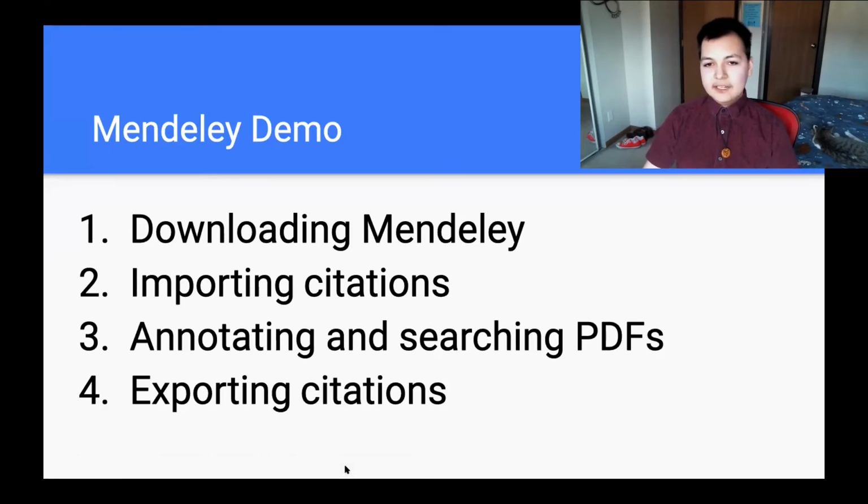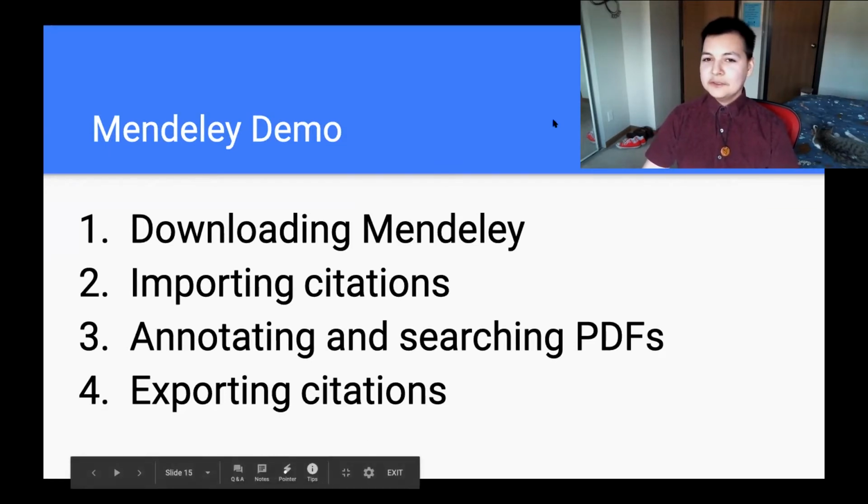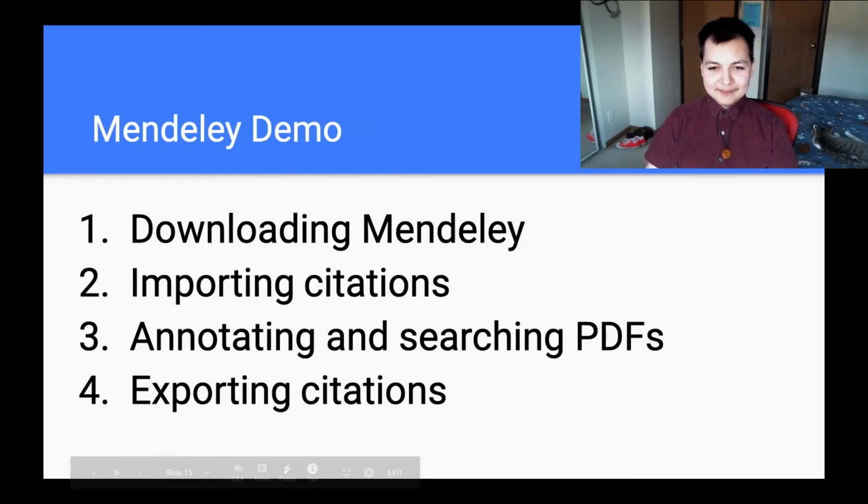So, the demo. I'm going to try to go in a logical order, but I just get excited about using Mendeley, and I have skipped around in the past, so I'll try to keep it as smooth and in line as possible. I'm going to show you how to download Mendeley, where you can potentially download some of the add-on tools, and how to import citations into Mendeley. There's a couple different ways, and they're all pretty simple.